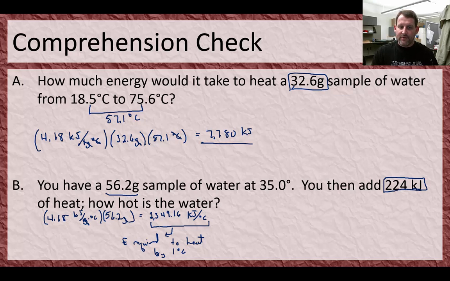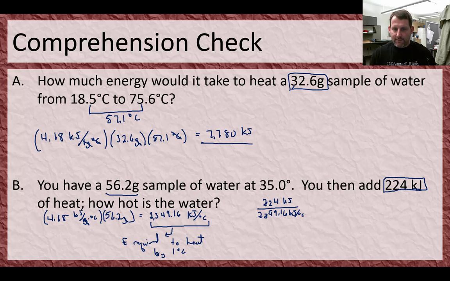So the next thing I'm going to do, I'm going to actually divide this number into my total energy. And that will give me the proportion of a degree, the less than a degree that I need. So check out how this works. So you have 224 kilojoules of total energy divided by 2,349.16 kilojoules per degree Celsius.